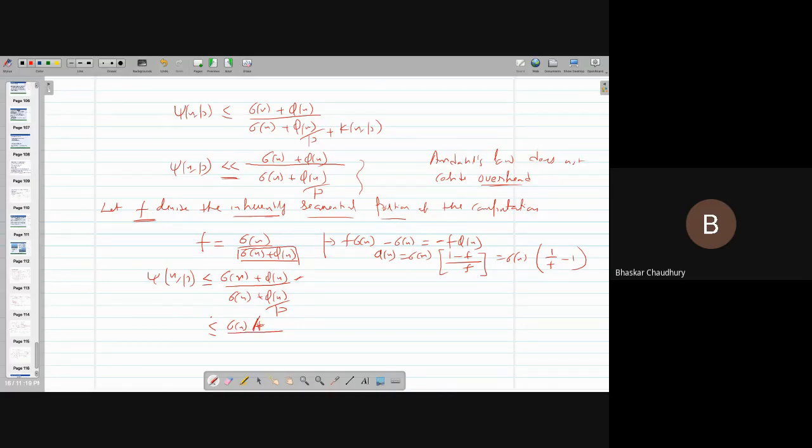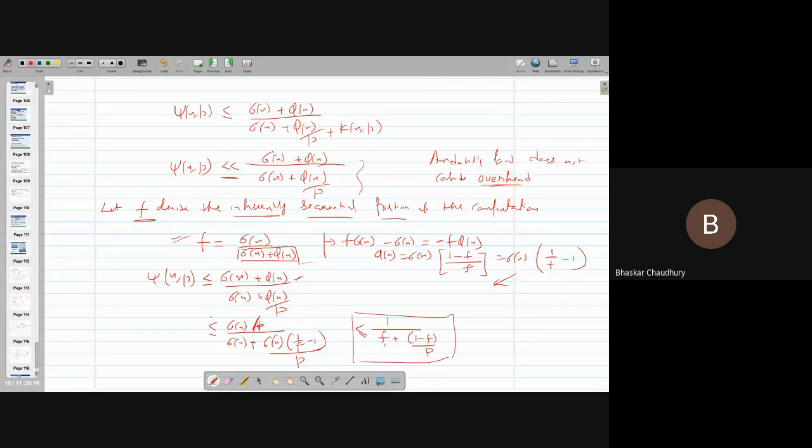For the bottom, I can write sigma n plus, in terms of phi n, which I can get from here, sigma n times 1 by f minus 1, divided by p. And if you do a little bit of manipulation, you will finally get 1 divided by f plus 1 minus f by p. And this is exactly your answer.